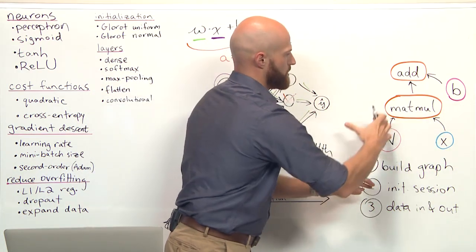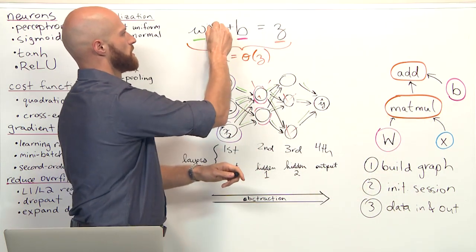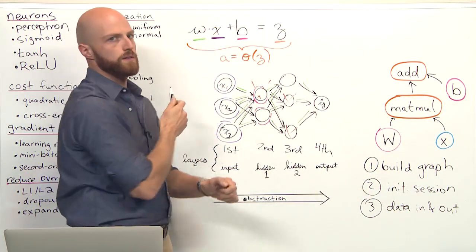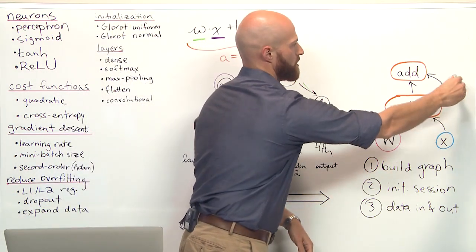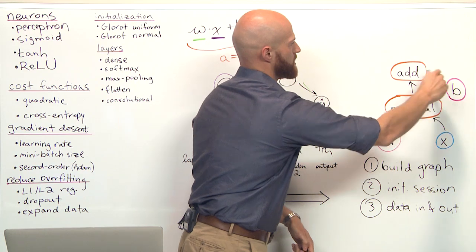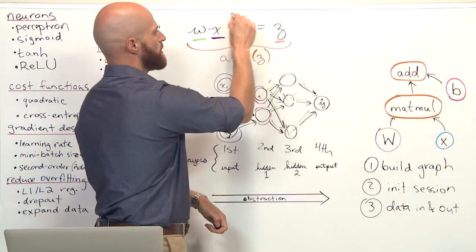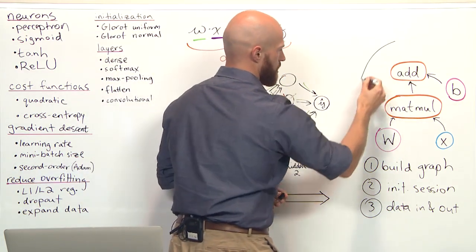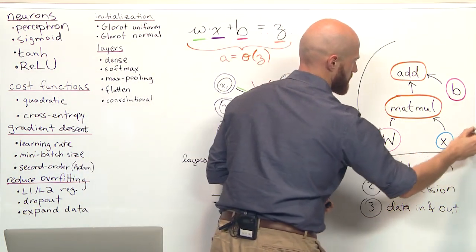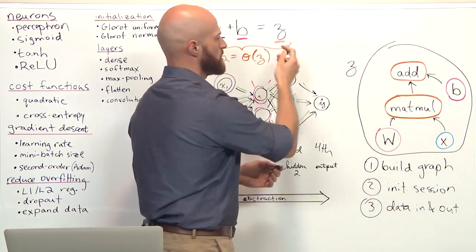So this part of the graph represents the W dot product X term in the equation. Then we have our variable B that feeds into the output of the matrix multiplication. We add them together, and that sums to Z. So in a way, all of this here is a TensorFlow graph representing Z.